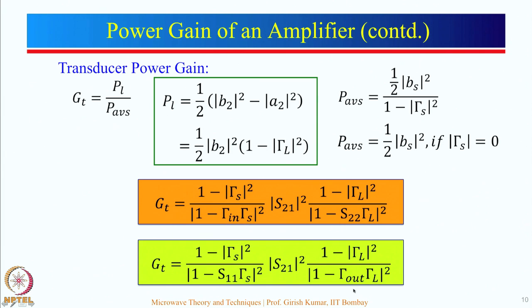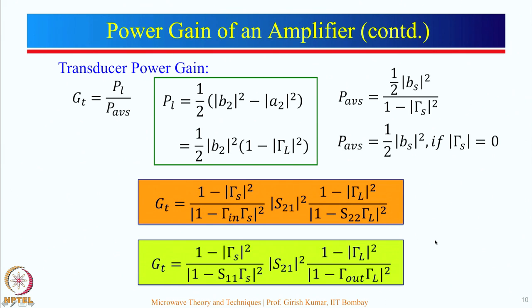We can see over here gamma out is there, whereas here this is S22. So, again for gamma out, you have to write the expression of gamma out, which is S22 plus the other term. Simplify it, you will get the same expression as in the previous slide. In fact, these two expressions are exactly identical, just that the representation is slightly different. So, here you can see these are the input side, these are the output side.